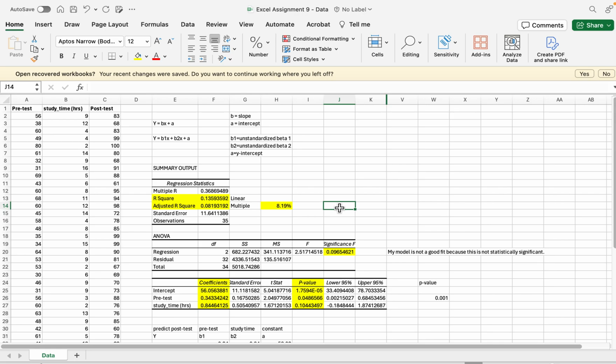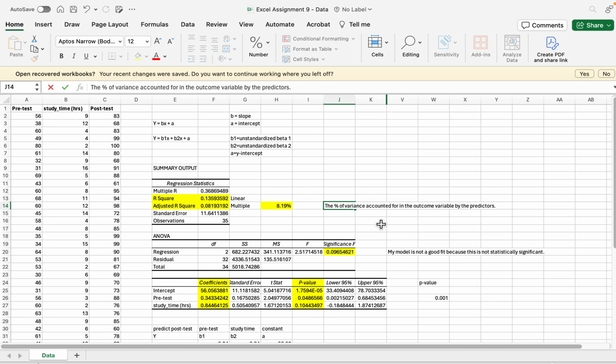So the R squared can tell you the percent of variance accounted for in the outcome variable by the predictors.